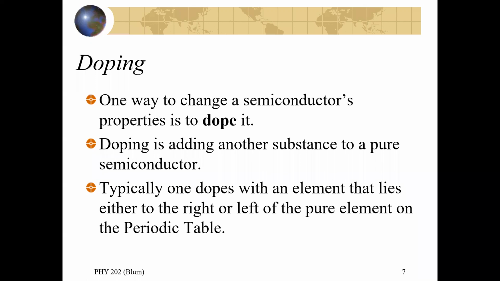So you're introducing some little bit of difference, some impurity, and that's going to give us this difference. So you're usually doping with stuff that's on either side of you on the periodic table.